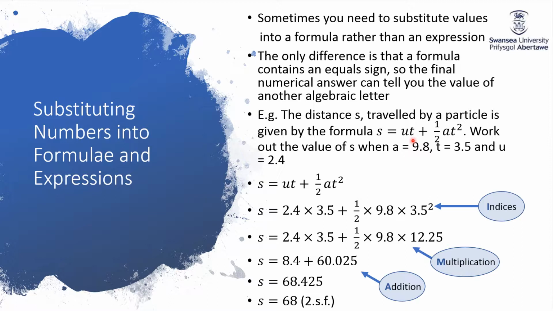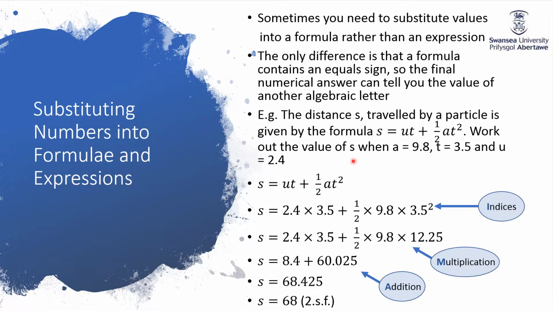T is the time that we're looking at the distance being travelled over. And a is the acceleration. So we're told to work out the value of s, the distance travelled, when acceleration equals 9.8 and time equals 3.5, and u, the initial speed, is 2.4.